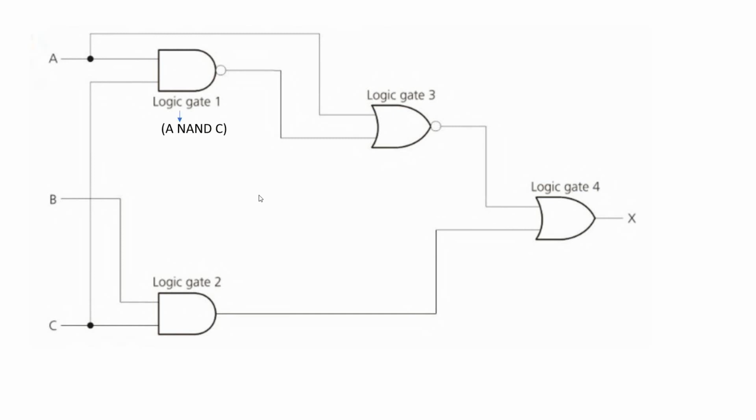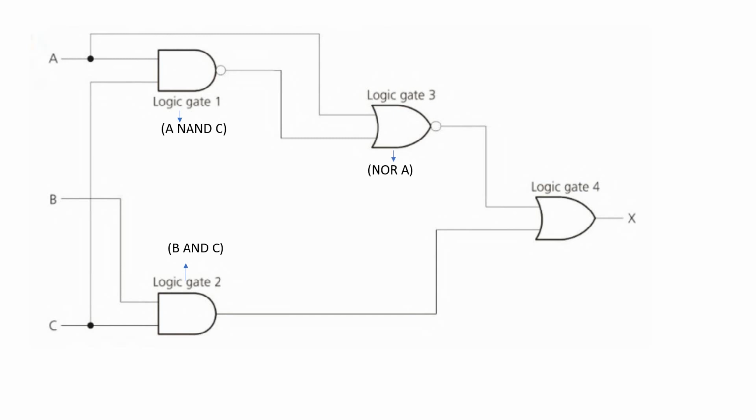When you consider logic gate 2 which is having the inputs B and C which is connected to an AND gate, so we will be writing B and C. Now you consider logic gate 3 which is a NOR gate, and you see there is a difference from the normal way we write it here. One of the inputs is coming from A, the other one is coming from the output of logic gate 1.